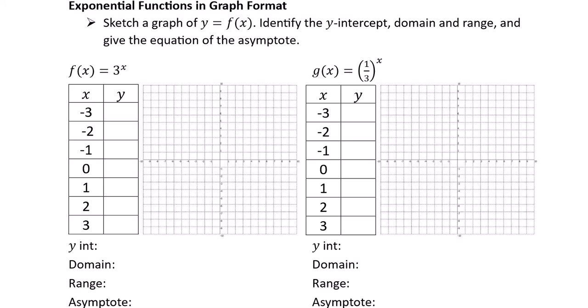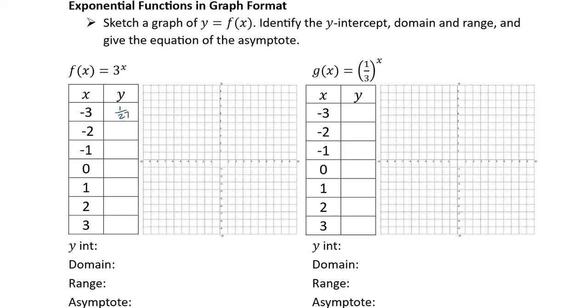If I let x equal negative 3 from my t-table, I'll have 3 to the negative 3. 3 to the negative 3 is 1 over 3 cubed, which is 1/27. 1/27 is our output.